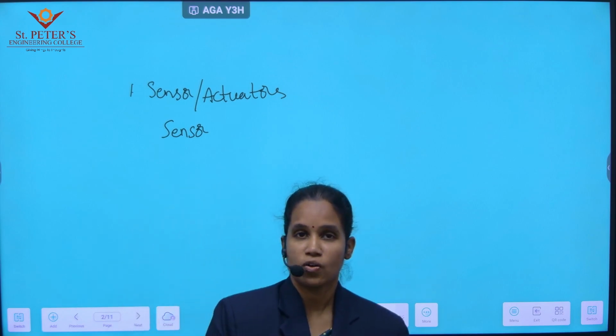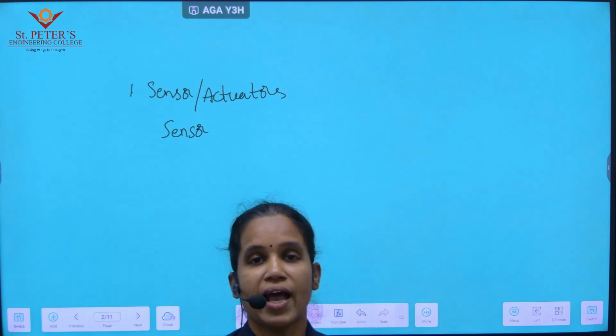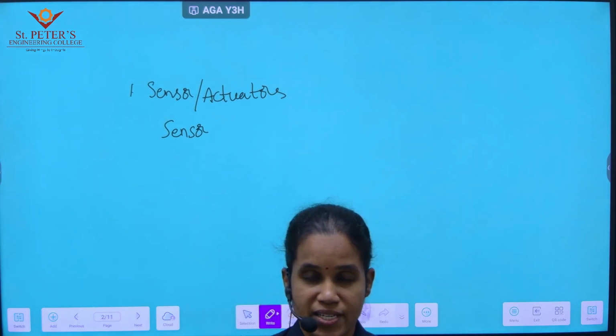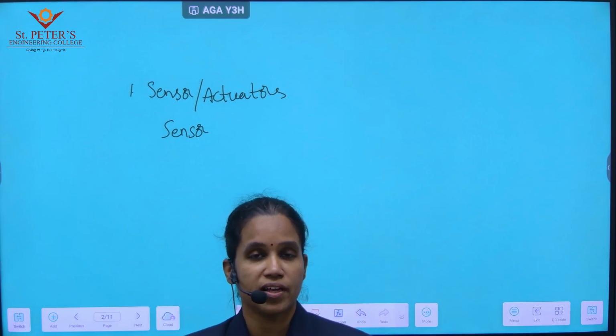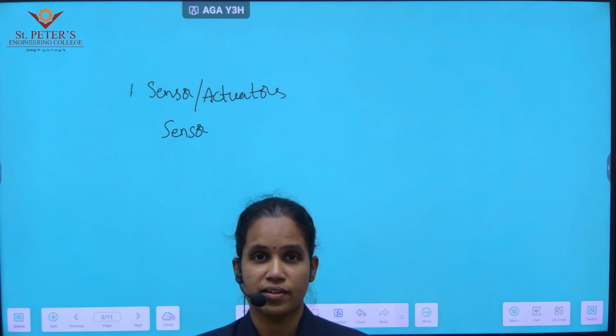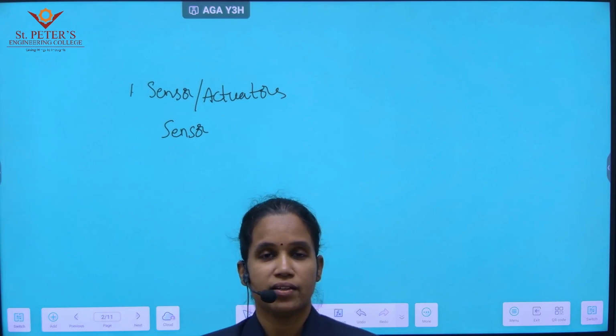A sensor is an electronic device which detects a change in the physical environment and converts that change into an electrical signal. So what change can be detected in the environment?